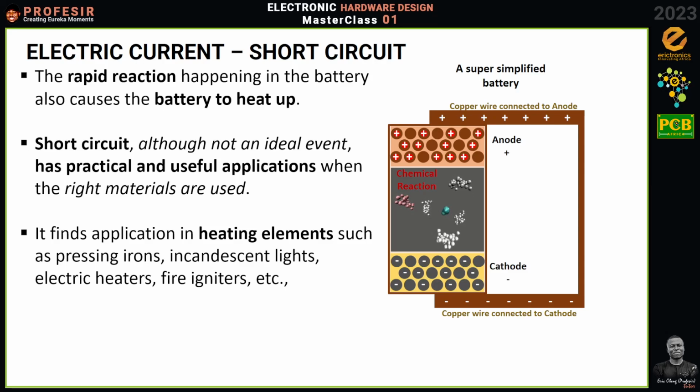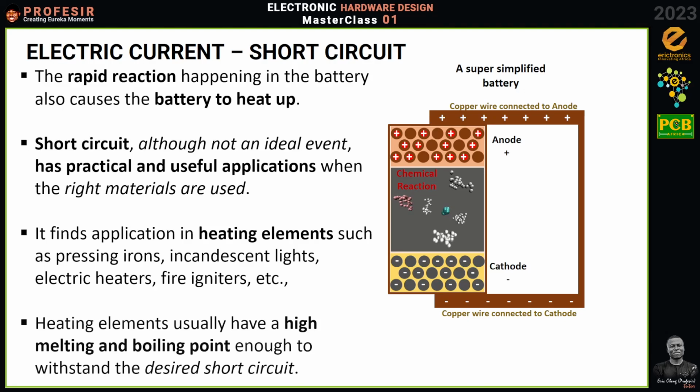So basically those higher resistances can serve as load, right? But basically we have short circuits in there. All right, so for these heating elements, the materials used to build them have high melting and boiling points such that they can withstand that energy build up during the short circuit.